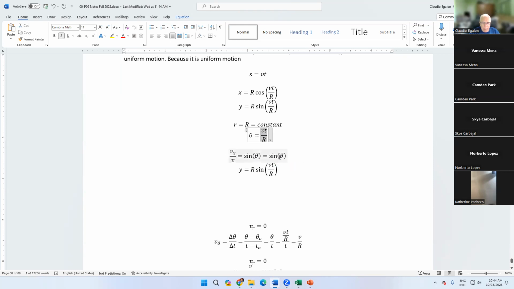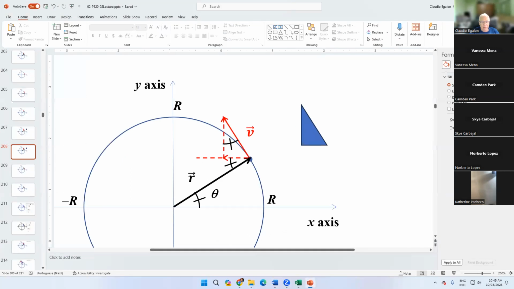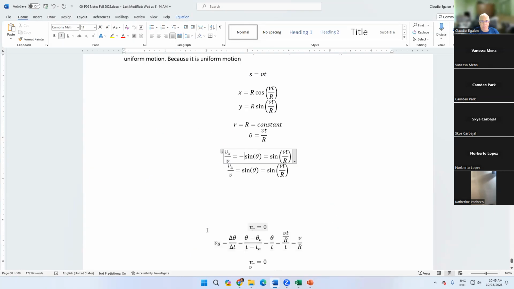And we have something similar. Oh, by the way, there's one more thing: it must be minus because the component points to the left. The component points to the left, so you must have a minus sign there. And we have something similar for the y component. Instead of sine, it's going to be cosine, right?